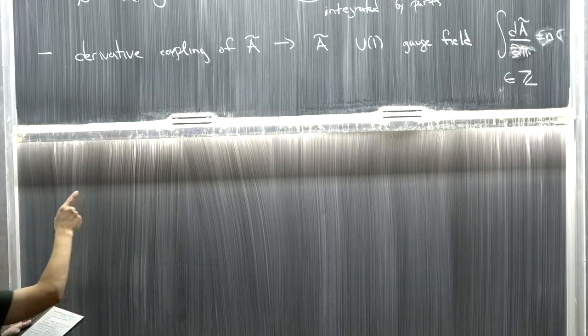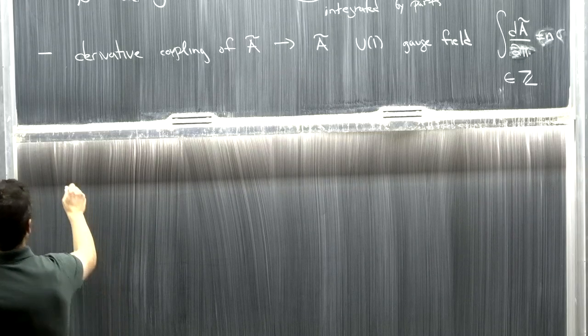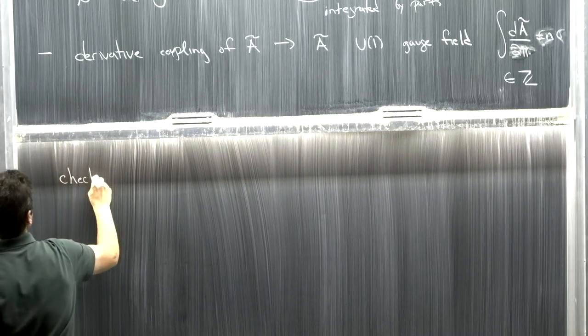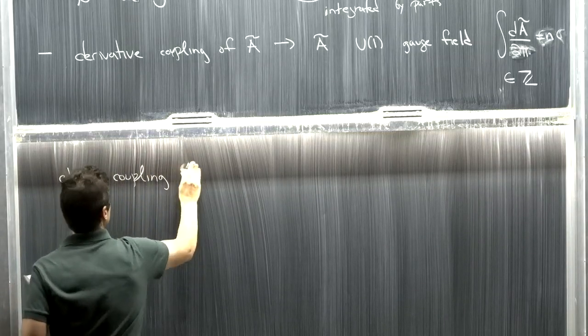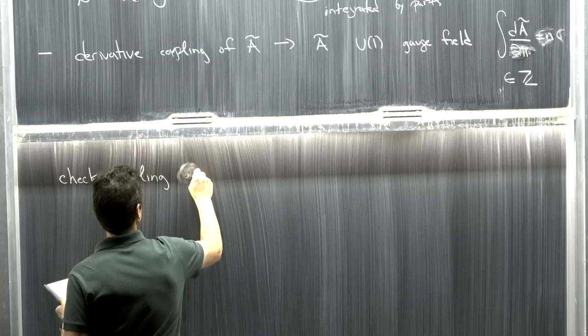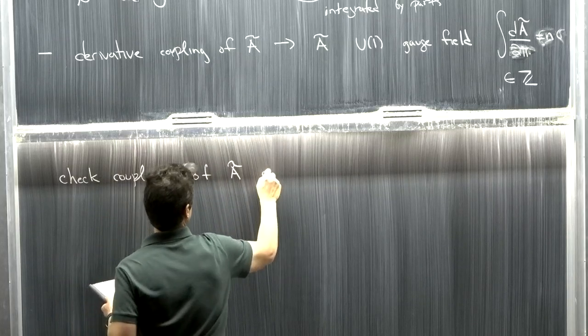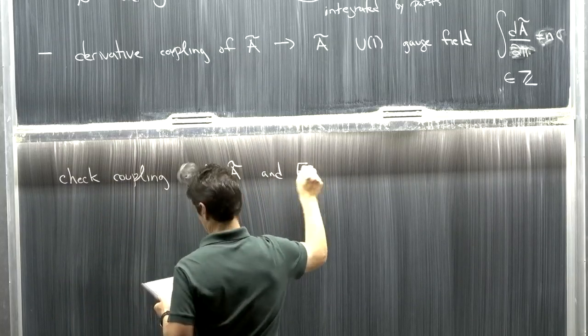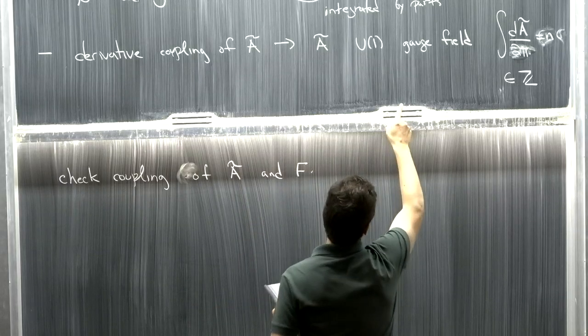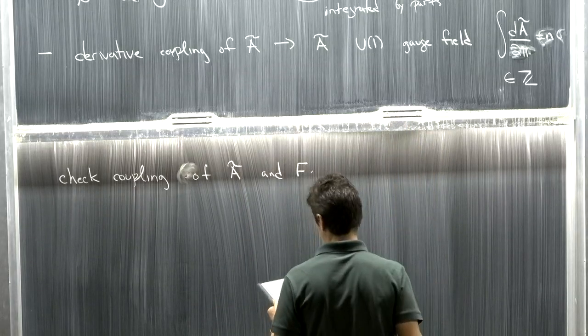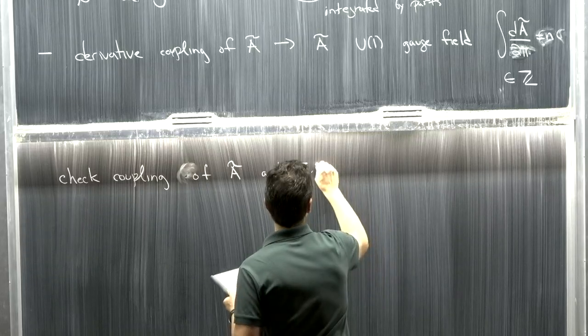This also explains how I got that very particular coefficient between A tilde and F. Right? I put a very specific number there. Where did it come from? So let's check the coupling. So in particular, when we do the path integral over A tilde, we're going to sum over fluxes of A tilde.